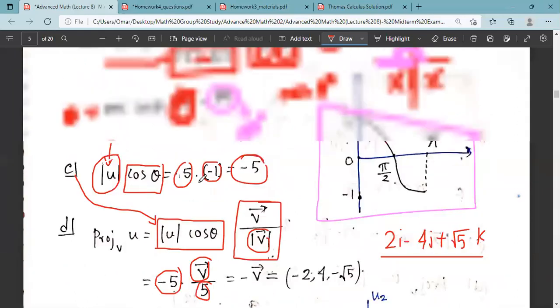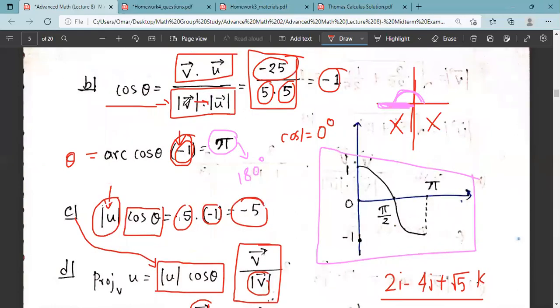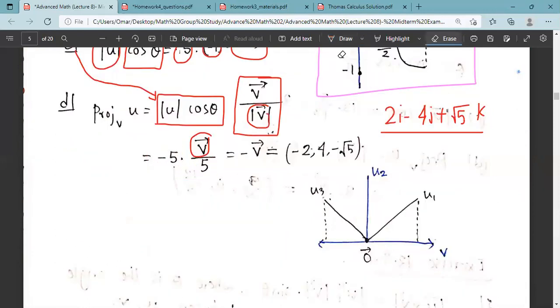We already calculated norm of v here. Norm of v is 5. If I cancel out this 5 and this 5, I get minus 1, right? So minus 1 multiplied by the v vector: minus times 2i is minus 2i, and minus and minus gets plus, so plus 4j, and then minus root over 5k.